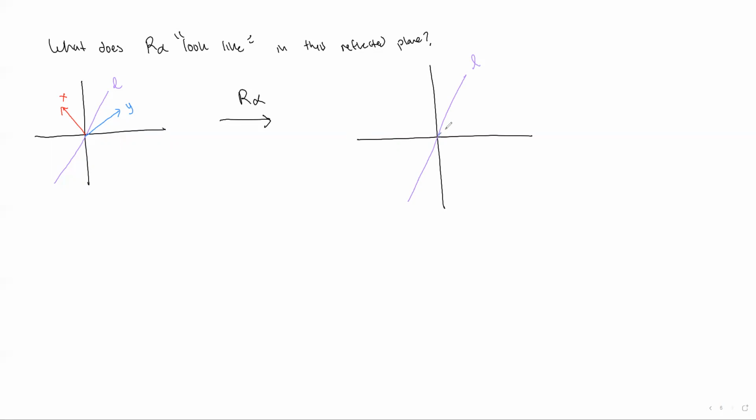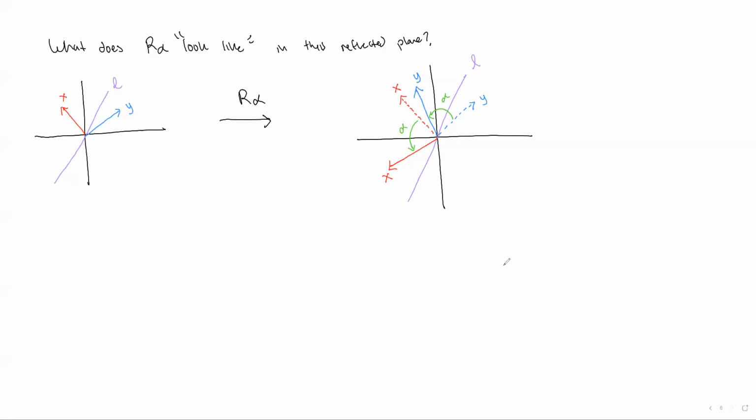Let me draw where they originally were using dashed lines, X, and then I'll draw where they end up. I'll pick some random value for alpha. So let's say this much is alpha. This is where Y will go. Then X will go here. So this is alpha, and this is also alpha.